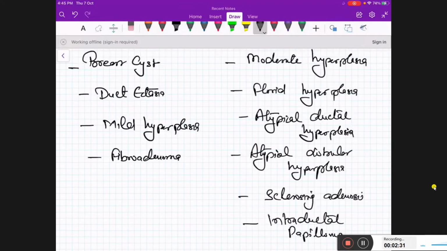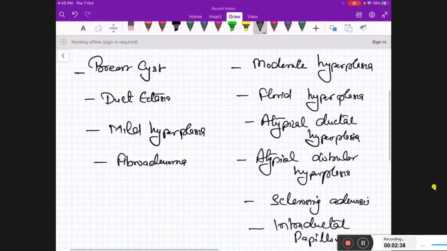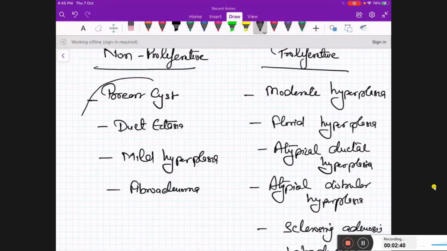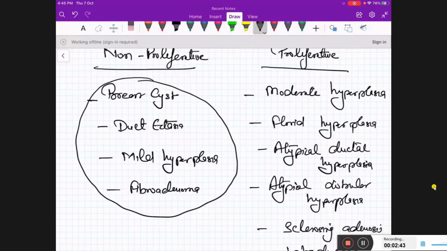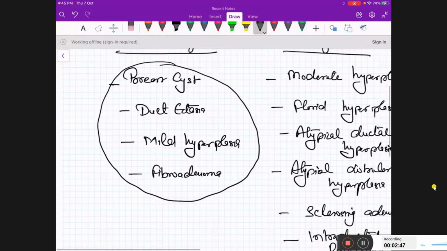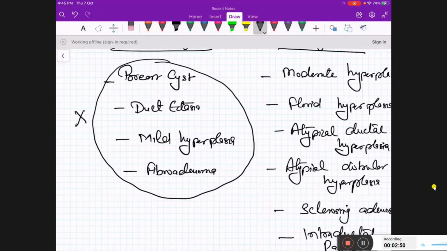Now, the importance of knowing these conditions in this way, that is non-proliferative and proliferative, is this: all the non-proliferative conditions are purely benign and have no risk of malignancy in future.